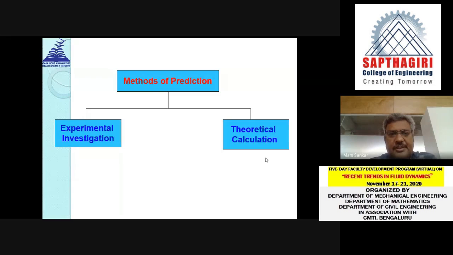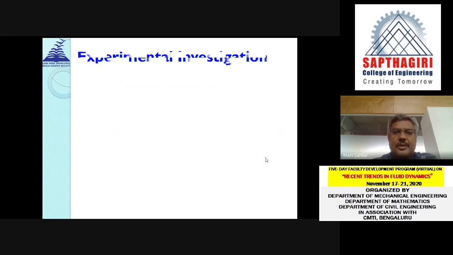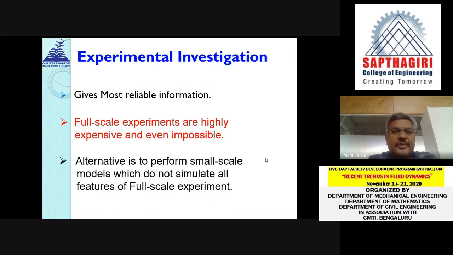Let us briefly see these two ways of analyzing a particular problem. When we talk about experimental investigation, there's no doubt that it gives the most reliable information, provided everything goes well, the instrument is working fine and we take the readings. So the output in general is free from all kinds of errors.